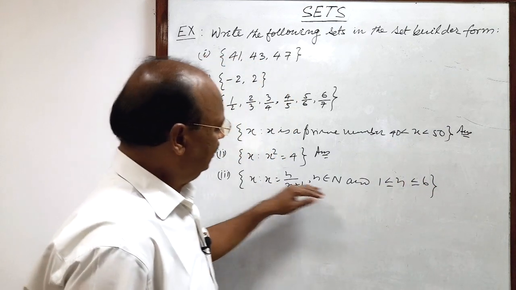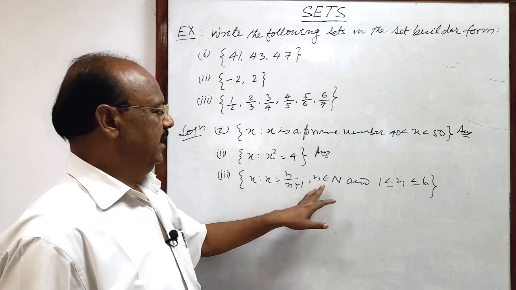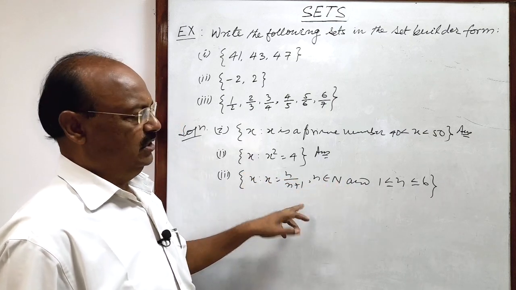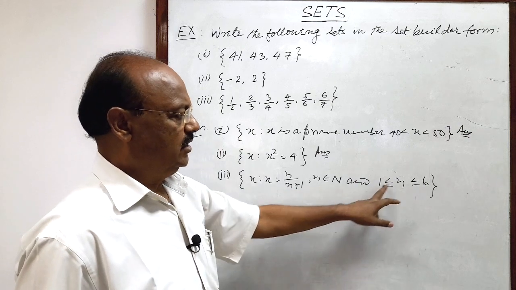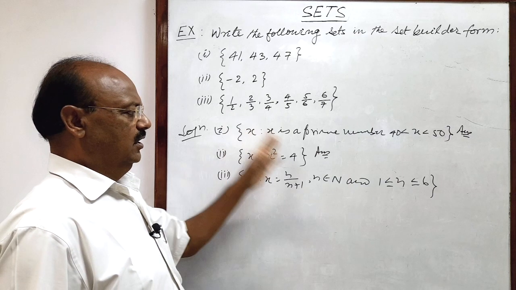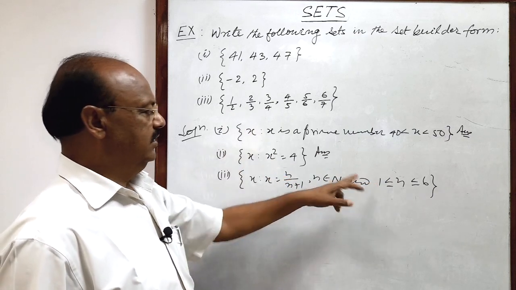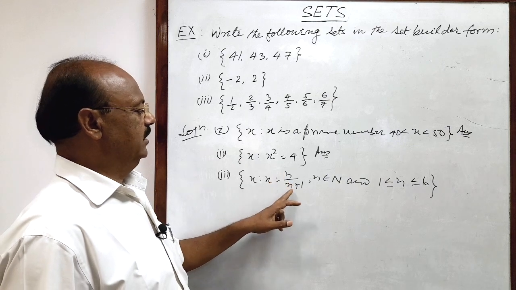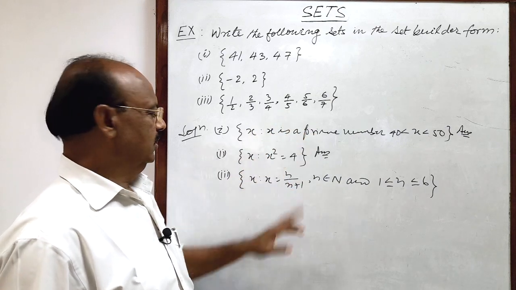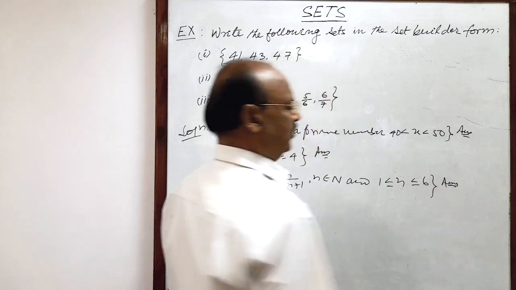If we see this property, n belongs to the set of natural numbers, n starting from 1 to 6, so we are getting all these elements. If n is equal to 1, this is 1 by 2. If n is equal to 2, this is 2 by 3, and so on. Okay. So this is the answer for the third part of this question.